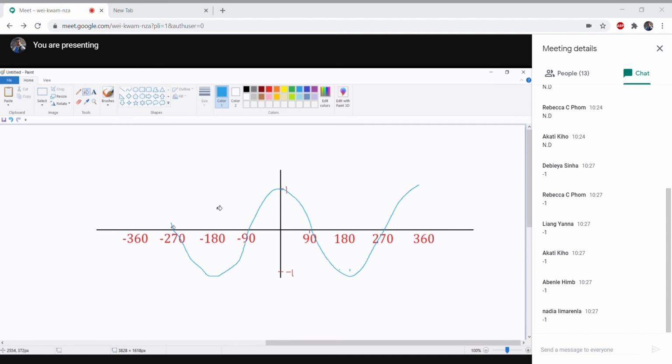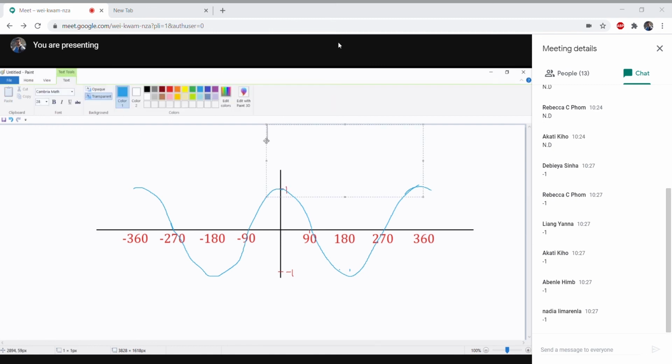So sorry, this is our cos curve. You can see cos 90 degree is 0, cos 180 degree is -1, cos 270 is 0, and cos 360 is 1. So this is our cos curve, or cosine curve. The good name is cosine, right?